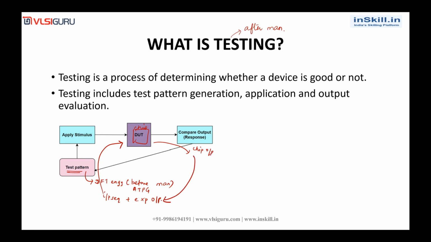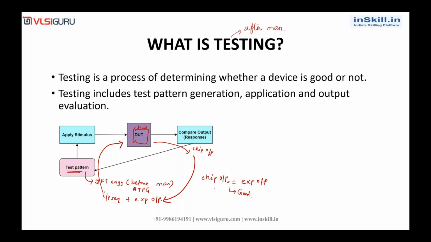If the chip output is equal to the expected output, then that means our chip is good. It doesn't have any manufacturing defect, because the output of the chip is the same as the expected output.